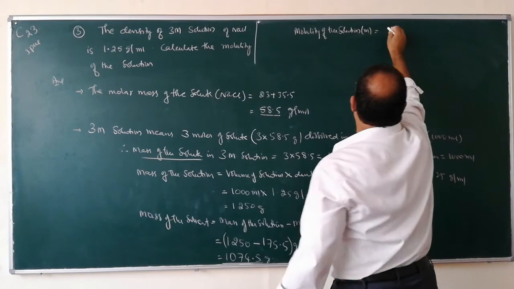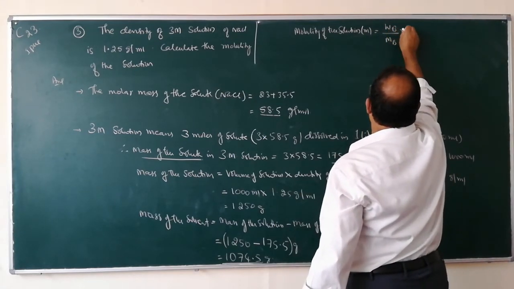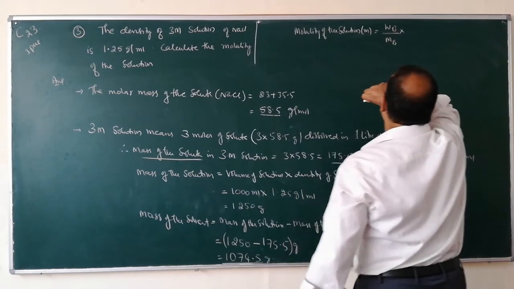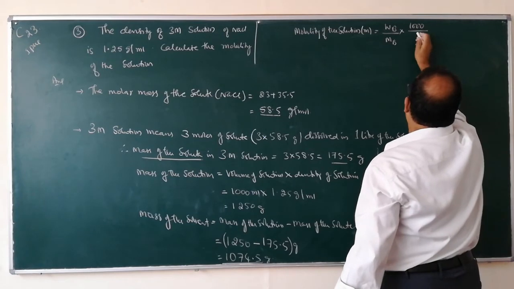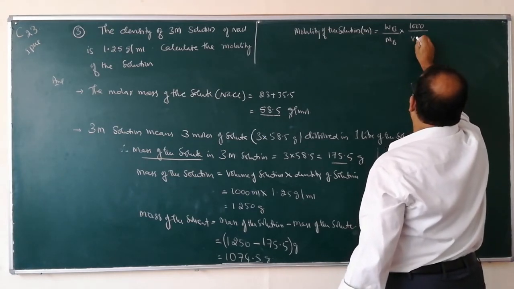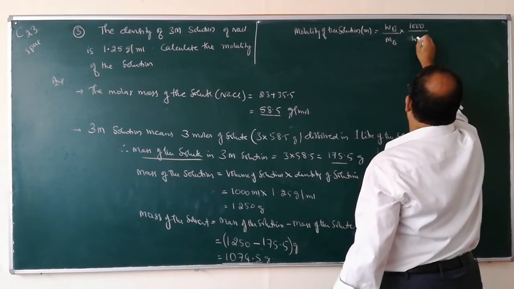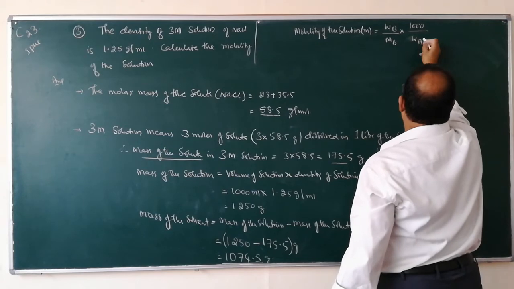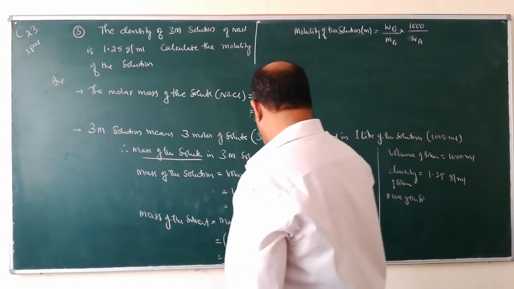Small m equals WB over MB into 1000 divided by WA, weight of solvent.